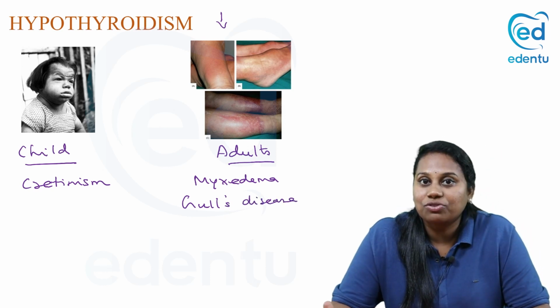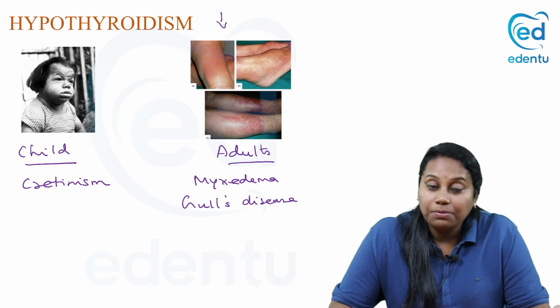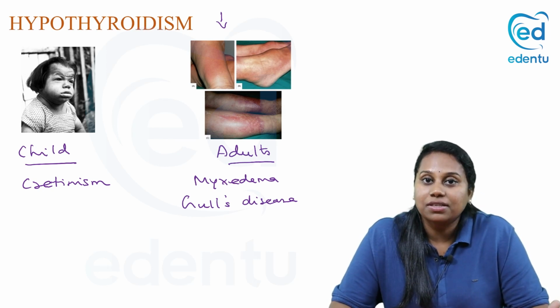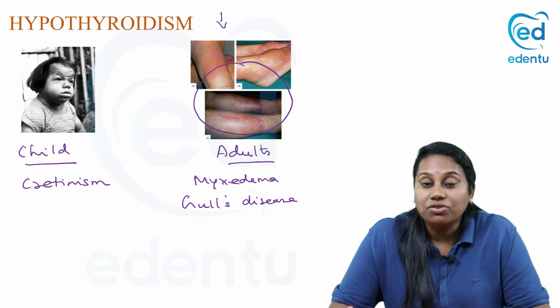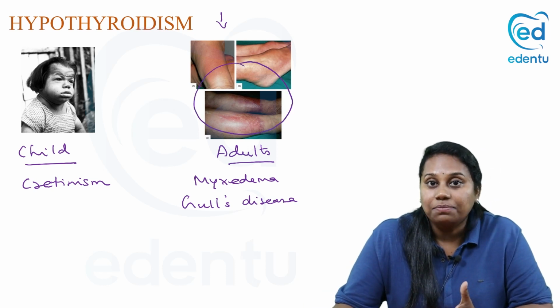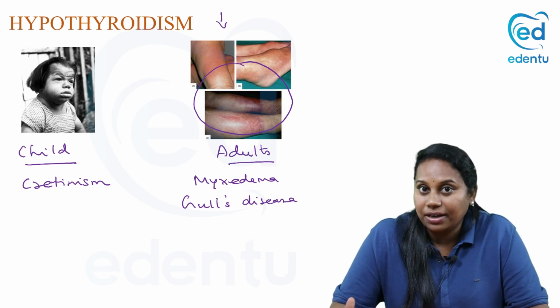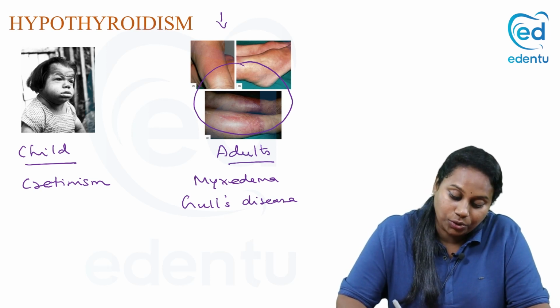Typical clinical presentation of myxedema is edema. Edema is swelling. So edema is present around the shin, as you can see in this diagram. On the shin of the tibia, on the anterior part of the leg, you can see edematous swelling. So what is this swelling due to?